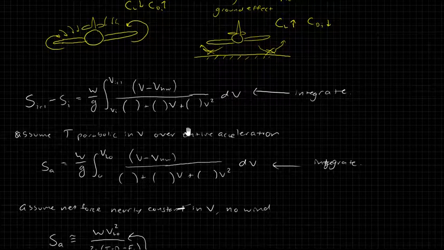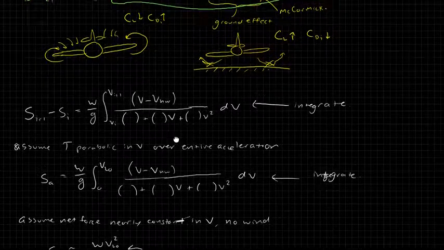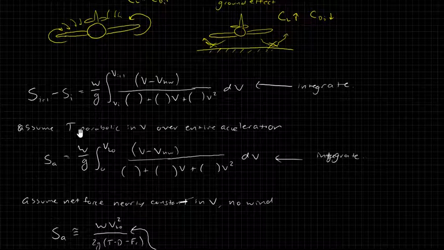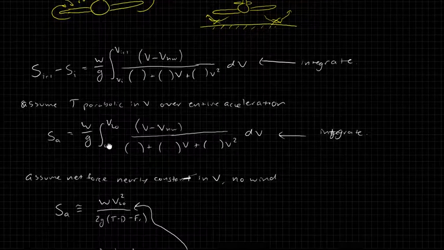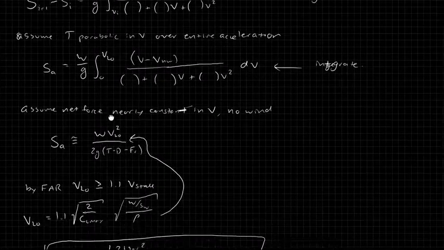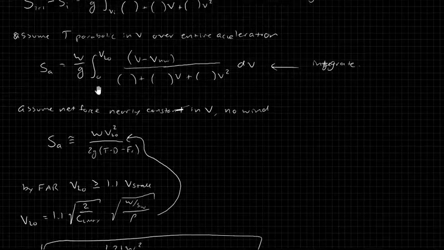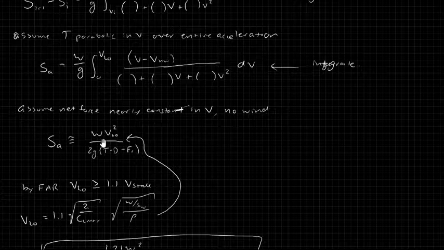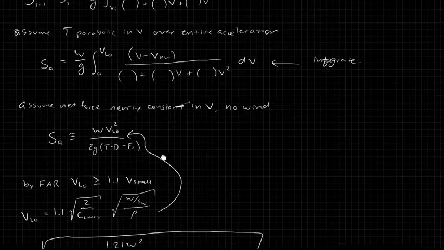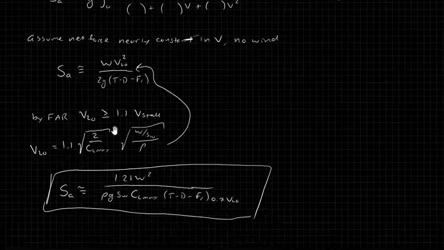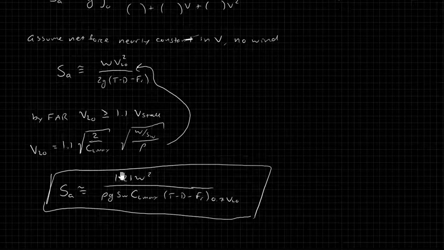Now for drag and friction, that should always be the case, because the lift coefficient is constant. But for thrust, we have to make that assumption, and it is a decent assumption for most power plants. But if you really want an accurate solution, you'd have to discretize it. Anyway, making that assumption, then assuming that the net force is nearly constant in velocity and that there's no wind, we get this approximation for the acceleration distance.